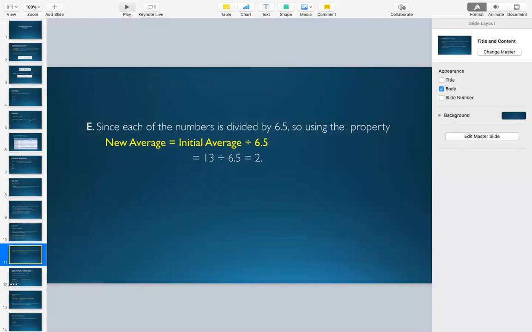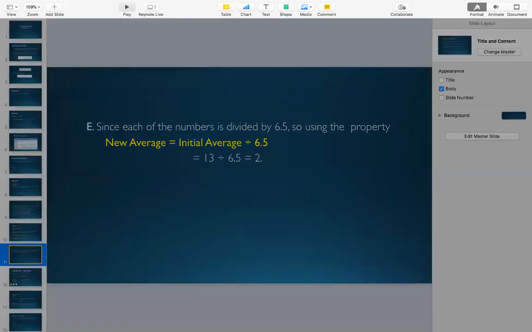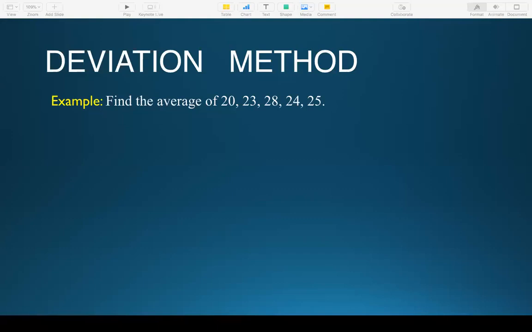Now moving forward, let's start with the deviation method. You have already found the answer for this question, right? You know how to solve this question in the normal way. Now let's try to learn the deviation method. This deviation method is used to find the average, and it helps when the given set of numbers are closer to each other.